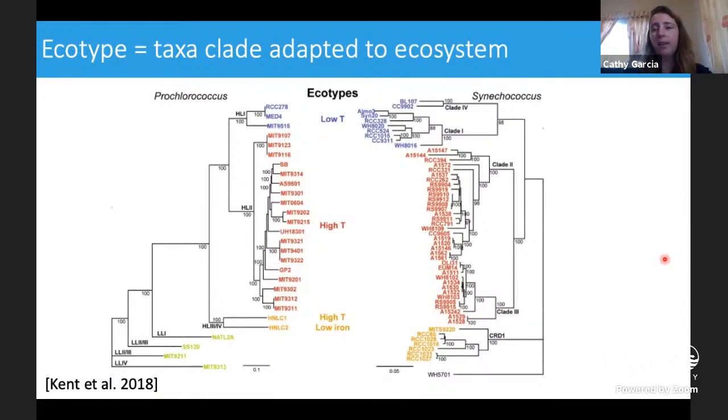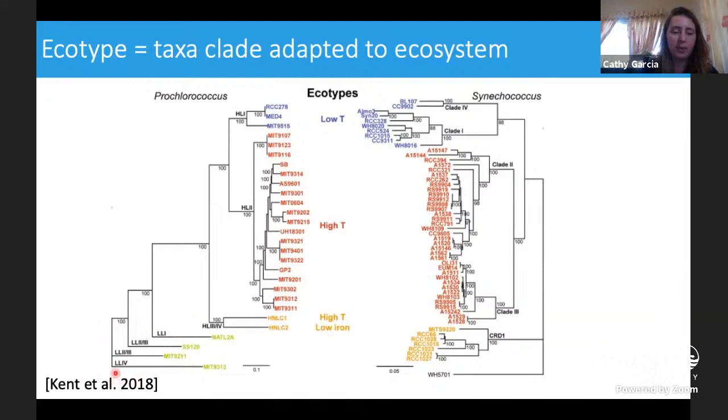So Synechococcus and Prochlorococcus, when you increase the scale of diversity, if you see it as a sliding scale, initially these clades tend to split off between low temperature and high temperature clades. And there's a scale of light, followed by temperature, and then perhaps followed by high temperature, low iron. You can see here in Prochlorococcus, it's a little bit easier.